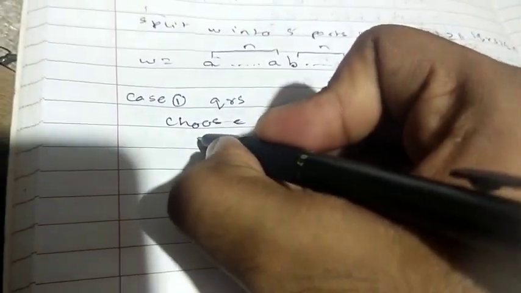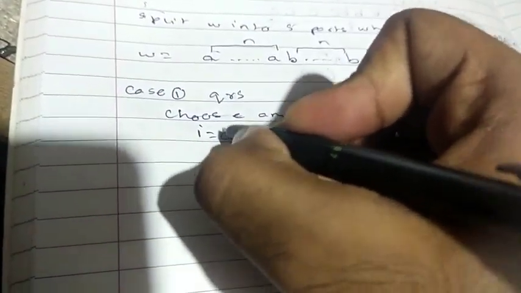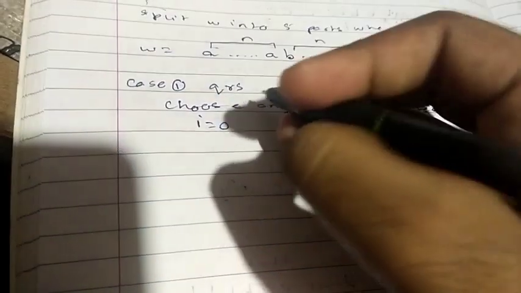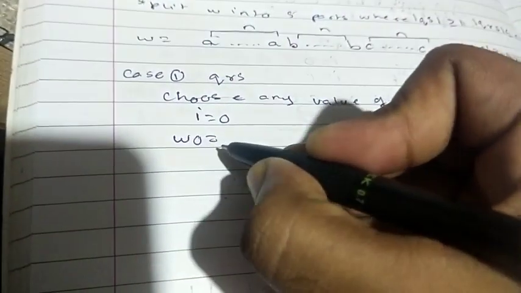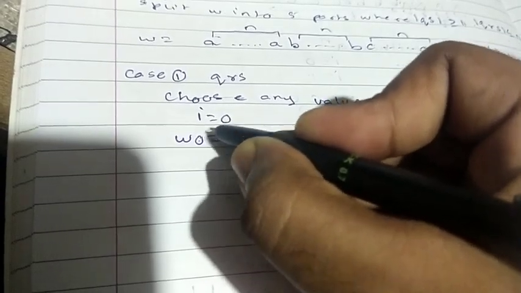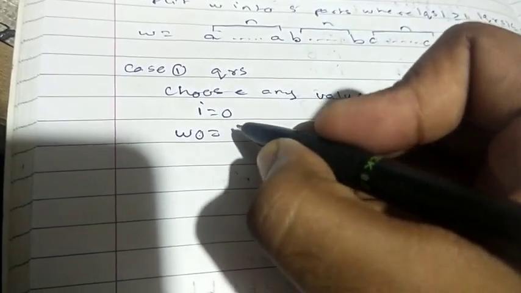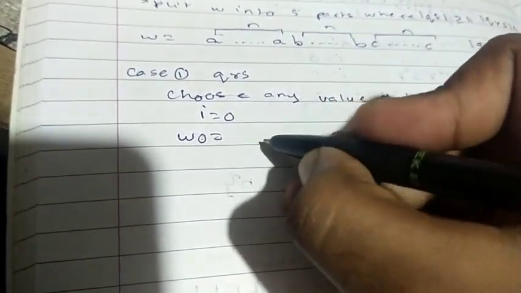So I will take I equal to 0 as given in the solution by sir. So with I equal to 0, W0 equals W0, so we are calling this string W0 to represent I equal to 0.